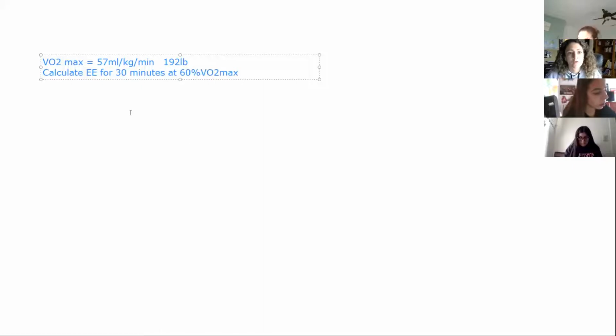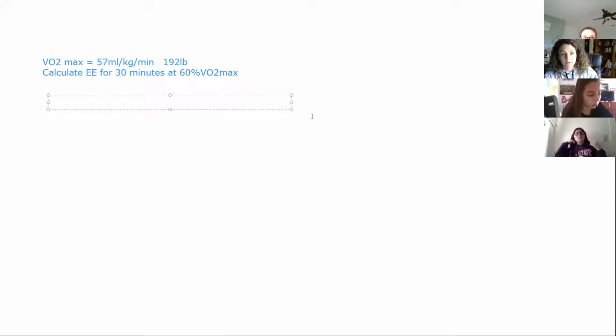Okay, so I want to point out that it is possible to write out your work like this. You could do the 57 mLs per kg per minute times the 0.6, times whatever the kilograms are, divided by 1,000. You can write that all out on here. But for the questions I put on the test, I'm not going to be grading your work.